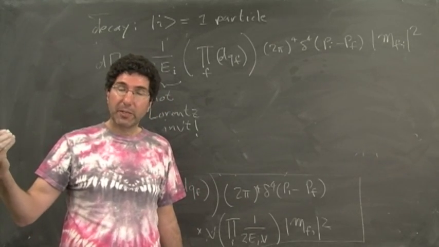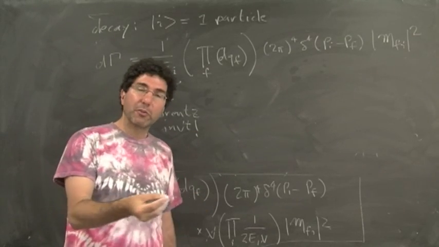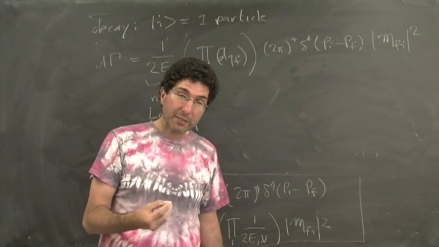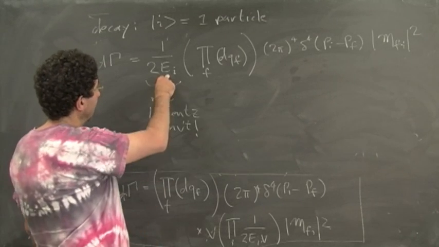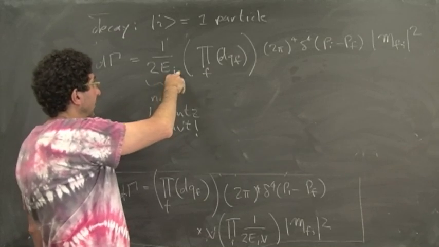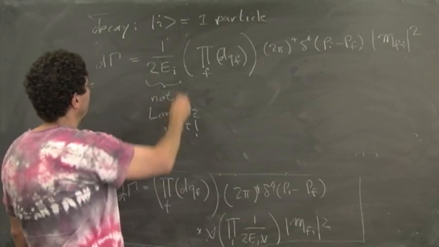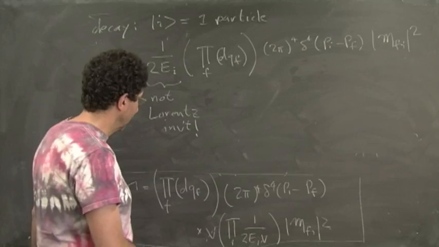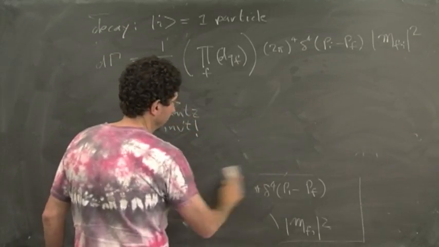Very famously, if the muon is moving close to the speed of light, it travels much further than you would guess by just naively taking its rest lifetime times its speed. That's time dilation, and that's exactly what this factor is. If we're in a frame where the momentum of the particle is very large, this suppresses the decay rate, so it means it lives longer. So this is exactly the time dilation factor that we needed from relativity. This is a relativistically correct formula, which is very nice.